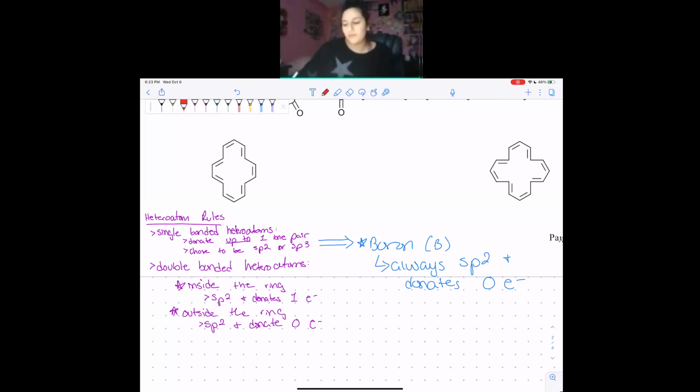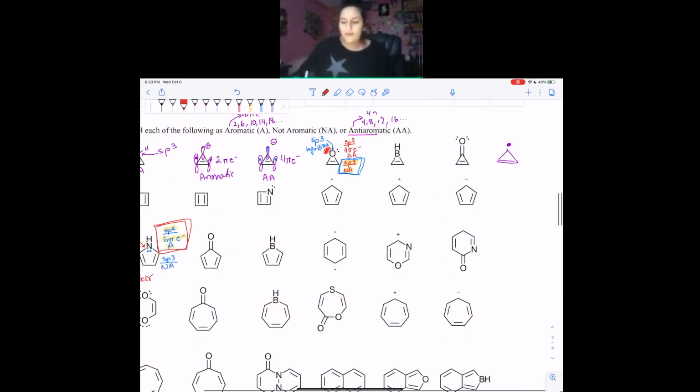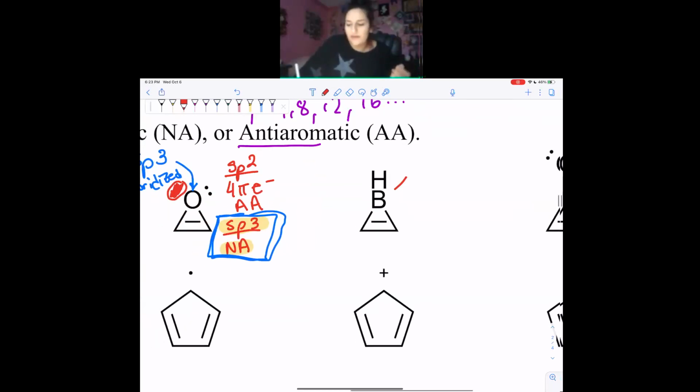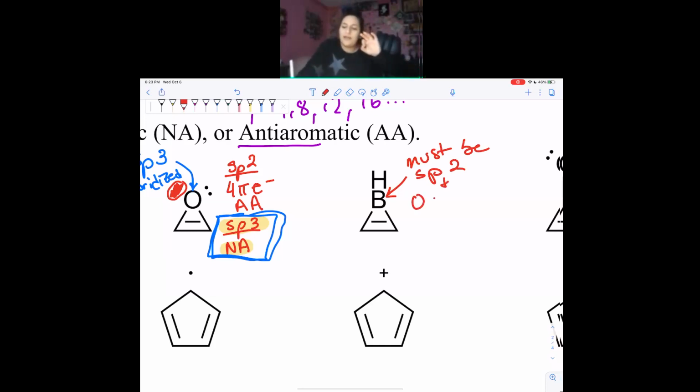So let's do an example. Here we have boron. And as we said, boron has to be sp2. So I'm going to write must be sp2, and it has 0 pi electrons. So we're going to say it's cyclic, planar, and fully conjugated because it is sp2.